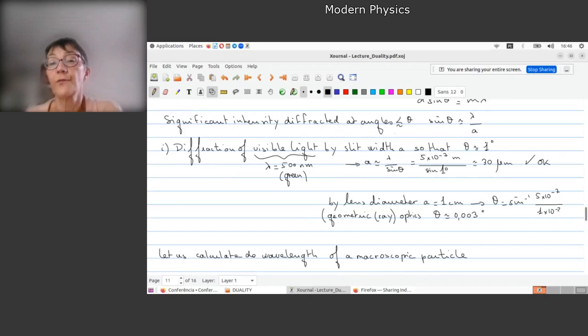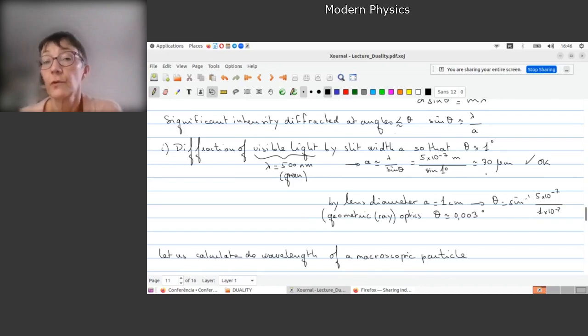I will use 1 degree for theta, and I will calculate the dimension of the aperture, for example, so as to observe this kind of phenomenon in this 1 degree. So you calculate it, and you find that the aperture should be of the order of 30 micrometers.